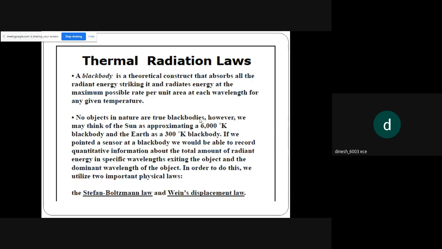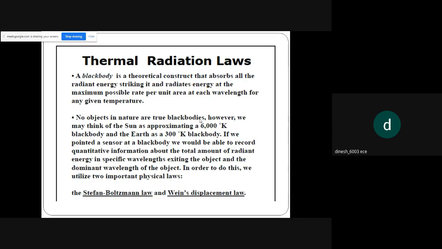No objects in nature are true black bodies. However, we may think of the Sun as approximately a 6000 Kelvin black body, and the Earth as about a 300 Kelvin black body.